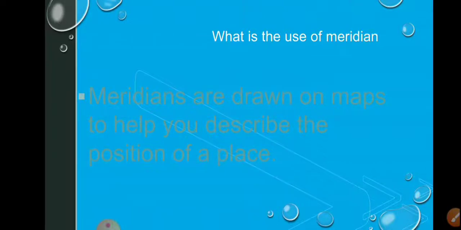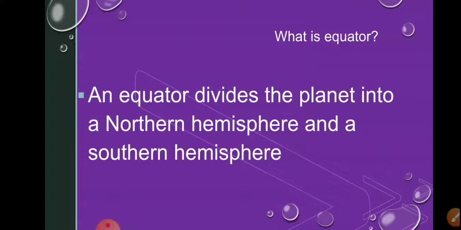Next, along with this, what is the equator? You just saw, children, the equator is a line placed on the earth. The equator divides the planet earth into the northern hemisphere and the southern hemisphere.